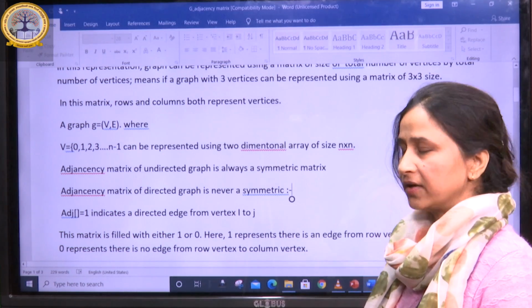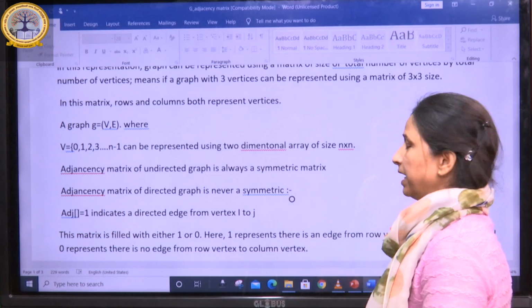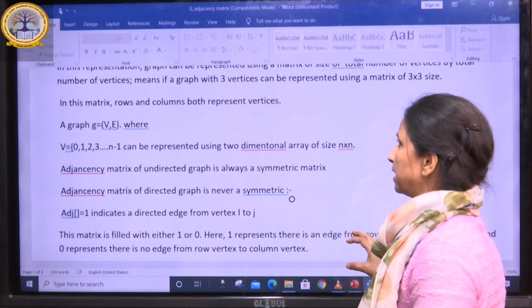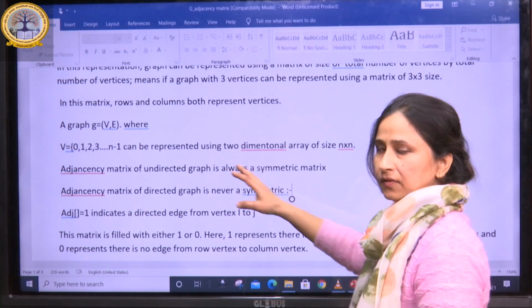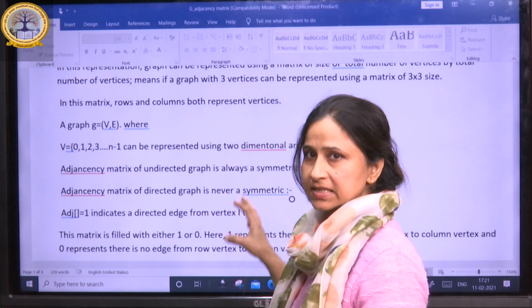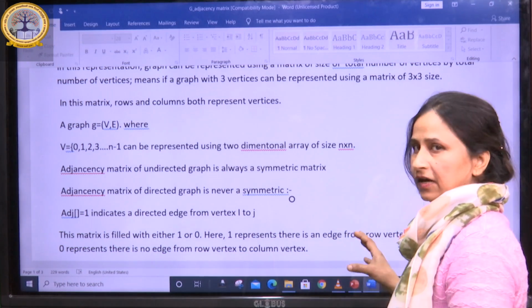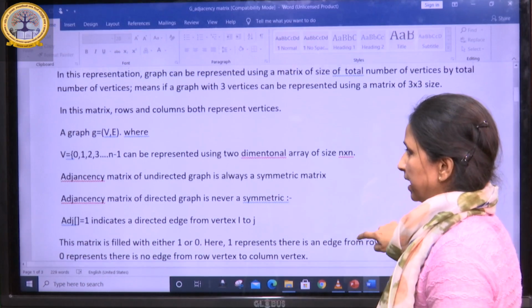The adjacency matrix is represented through rows and columns, and these rows and columns represent vertices of the graph. In a graph G(V, E), where V is the set of vertices, the matrix is of size n by n.